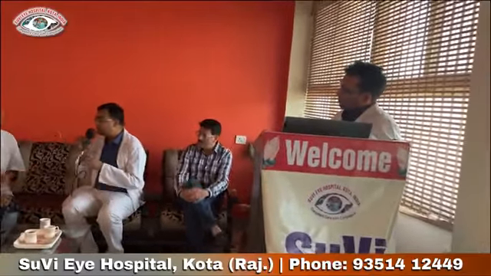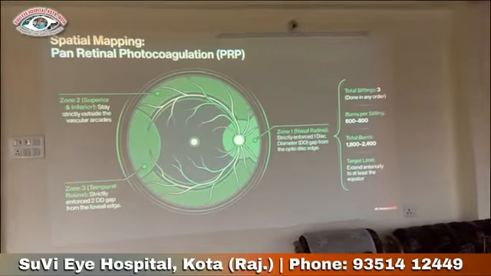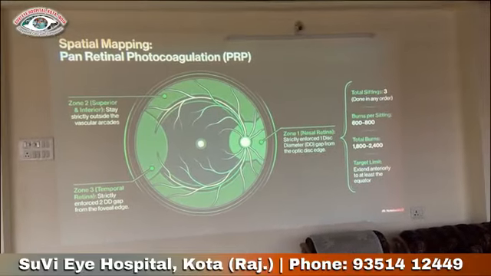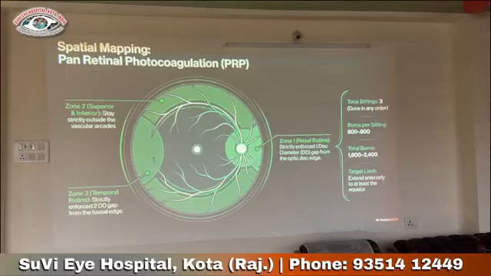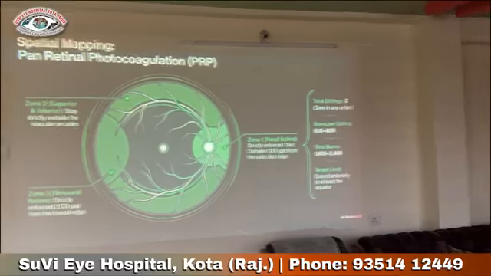Nice question. Recent studies have come up which show that even the peripheral retina matters, because earlier diabetic retinopathy was considered a posterior pole disease, but with wide field angiography and Optos, these investigations have shown in recent studies that even peripheral VEGF contributes to diabetic retinopathy. I remember one patient who had only one NVE, which was in the periphery, not in the posterior pole.